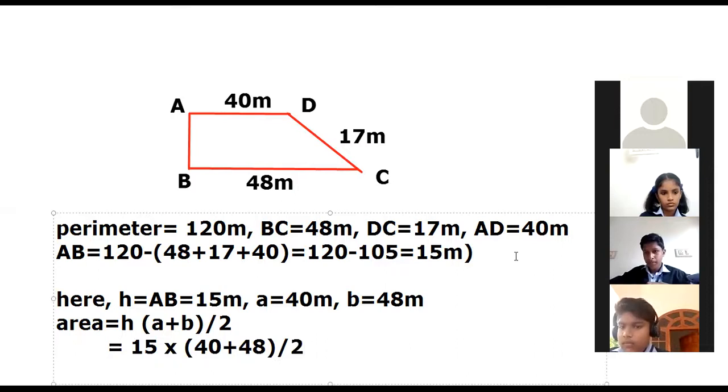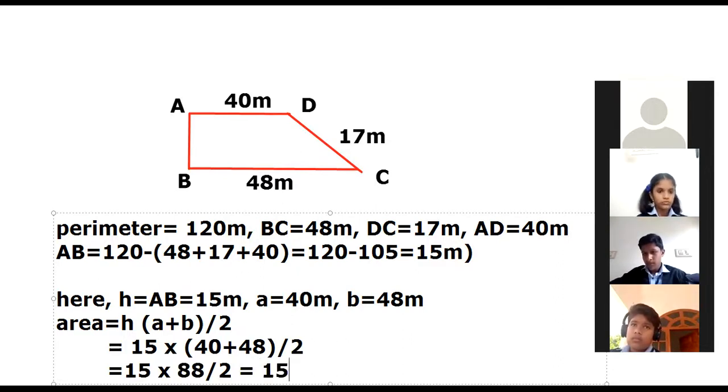Again, simplification. 15 into, inside the bracket, we can add 40 and 48. That will give you 88 divided by 2. Now we can divide 88 by 2. So you will get 15 into 44. Then 44 into 15, you will get the area.